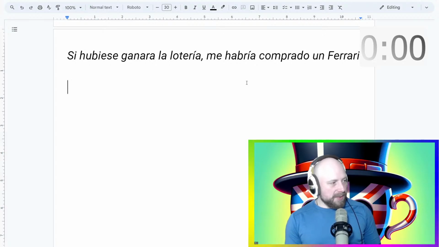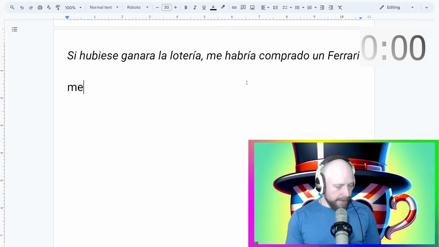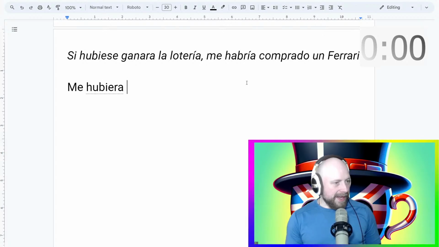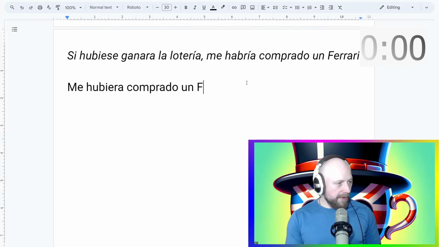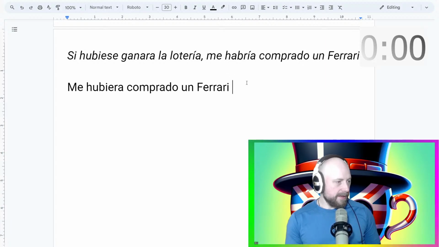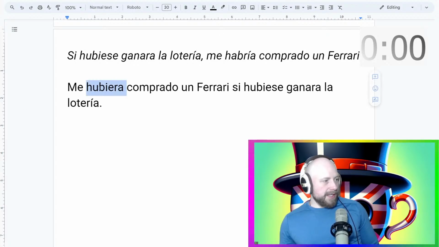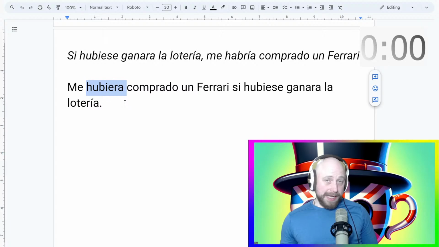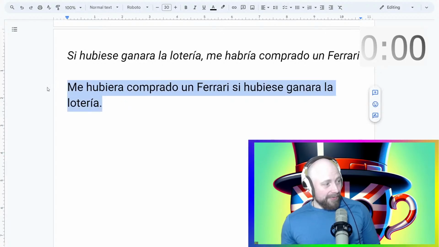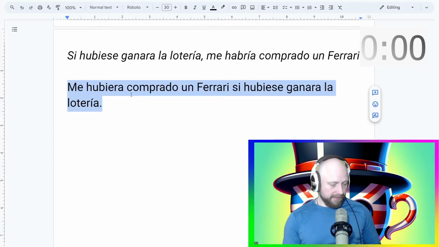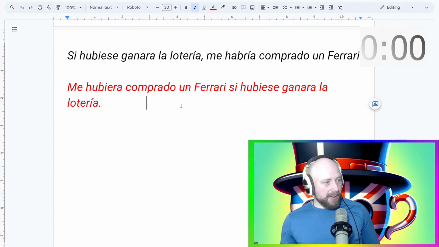But then when people speak, they would be just like, si hubiera ganado la lotería, me hubiera comprado un Ferrari. So they would use the pretérito imperfecto for both clauses. And the grammar book said that that's wrong.